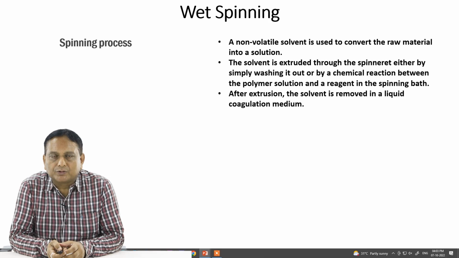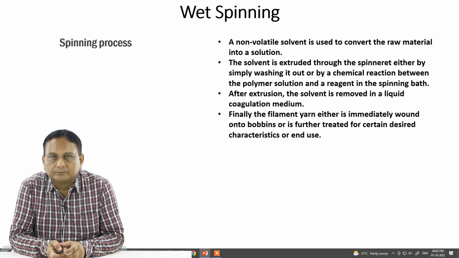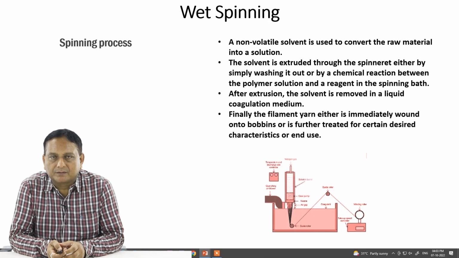After the extrusion, the solvent is removed in a liquid coagulation medium. Finally, the filament yarn either is immediately wound onto bobbins or is further treated for certain desired characteristics or end use. So these are the spinning operations carried out in the wet spinning process, as shown in the figure.